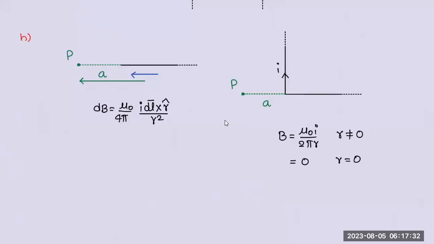Okay. So now this part won't generate anything. What about this one? This one gives you one more field. Right? My point is that infinite long wire will generate B is equal to mu naught I by 2 pi a, because it is half infinity into 1 by 2. Sorry, infinity by 2 is infinity, no?